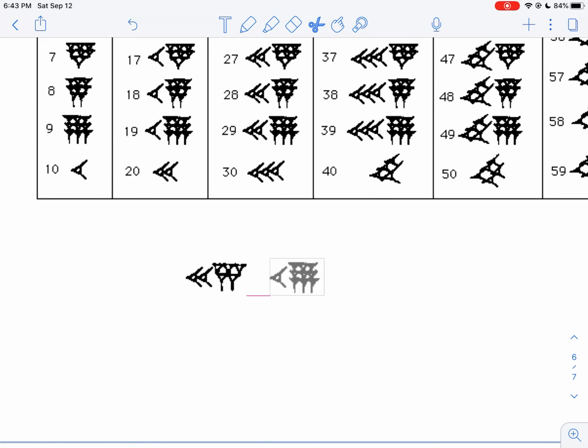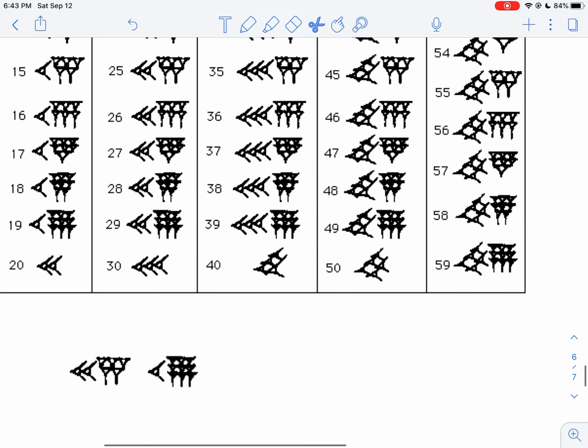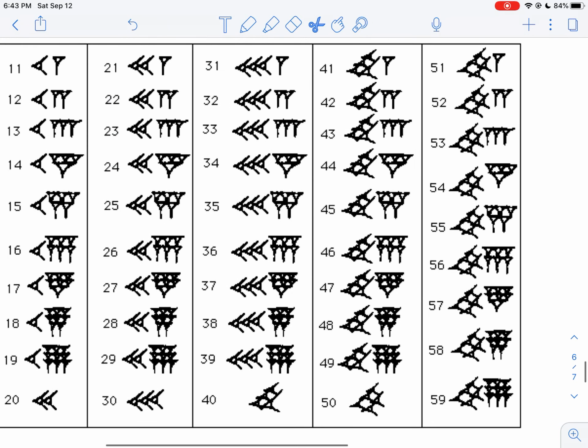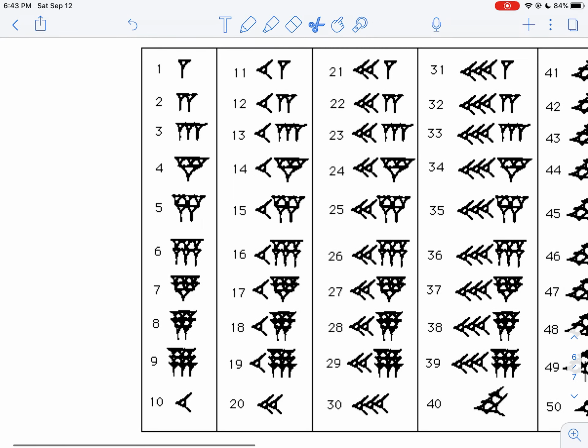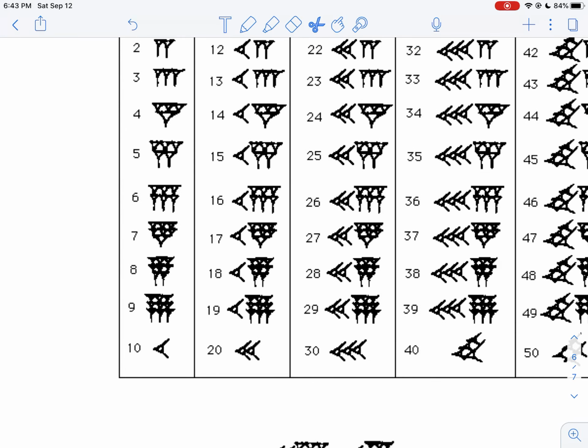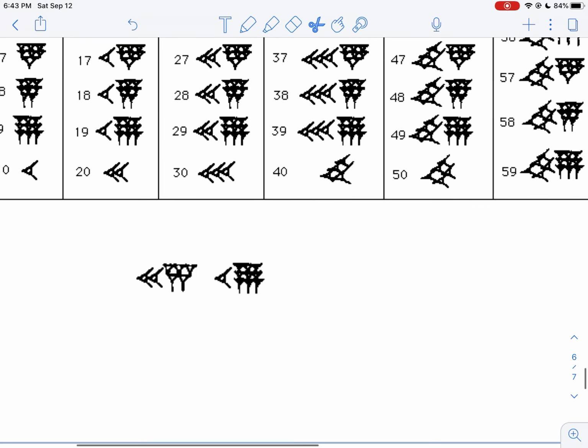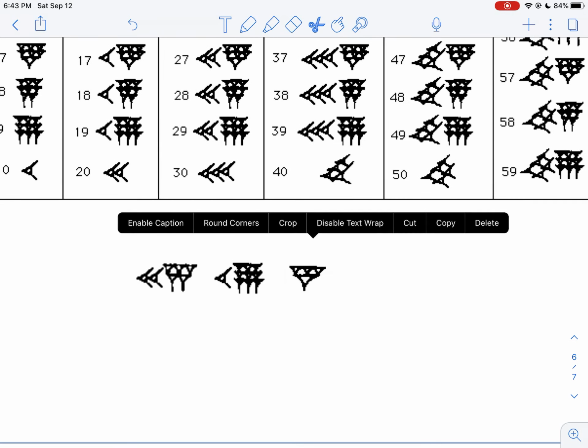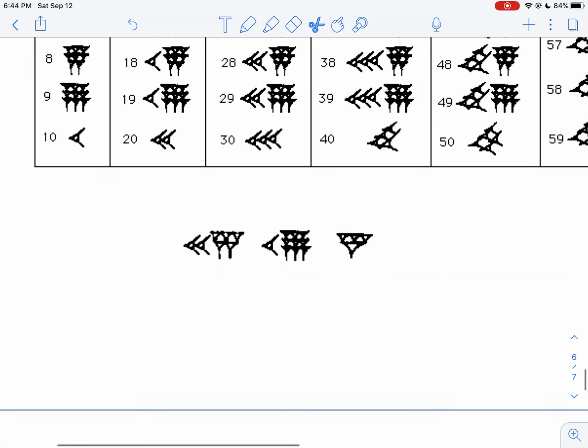Put that there. And you want to put a little bit obvious of a space in between. And then let's do maybe a simple symbol, or we can do one of these higher symbols. It doesn't matter. Let's just go to a simple symbol like this one right here. Let's copy that.